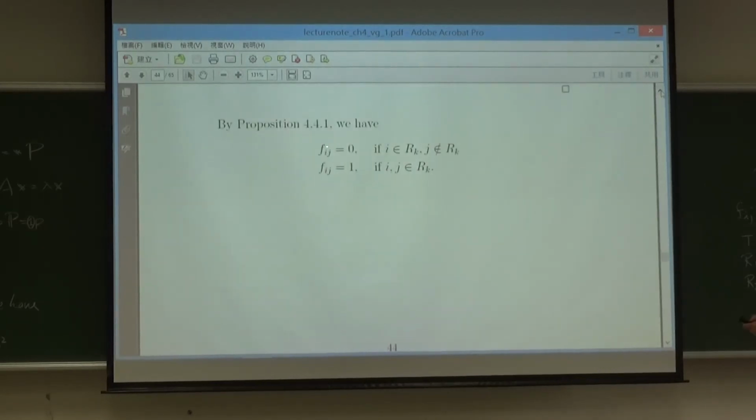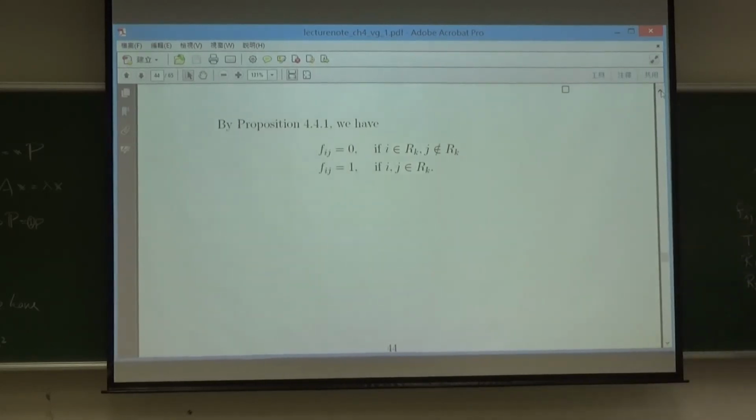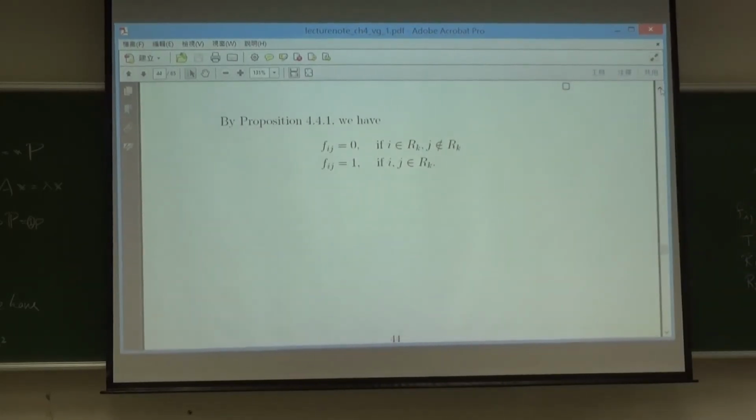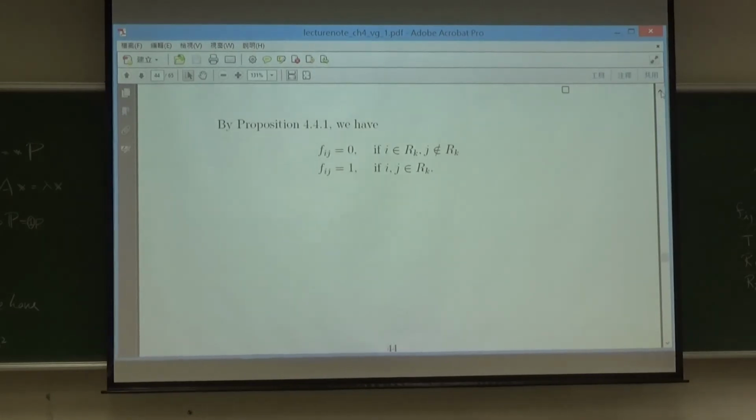Now, for here, this all is 0, and this is 1, and this is 0, etc. So for any i and j in R1, F_ij must be 1. Must be 1 here, and this is 0, and 0, 1, etc. But we still don't know this one. Haven't solved it yet.